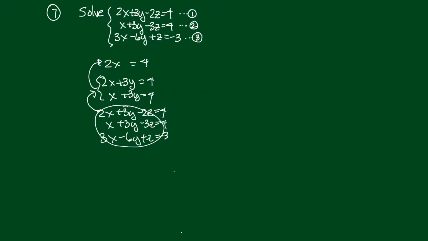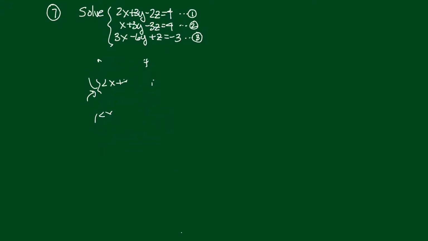All right, so that's the big picture of what we're going to do, so let's actually start doing it. Well, let's get rid of all this. What I'm going to do here is eliminate z by pivoting on equations 1 and 2, and then 1 and 3.